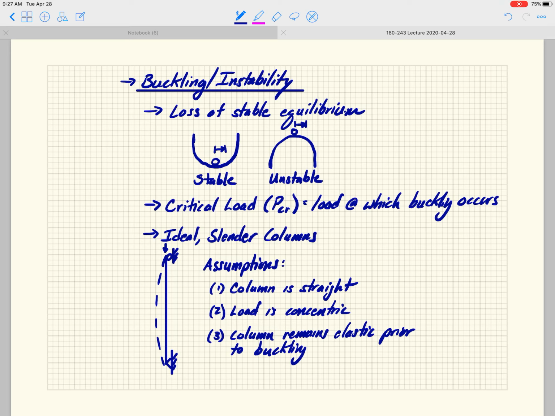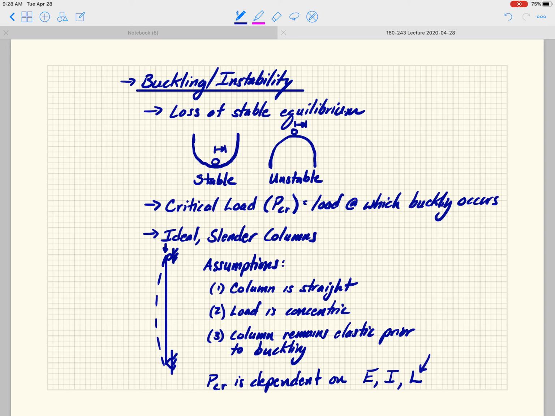If we make all of these assumptions, then P critical is dependent on three things. It's dependent on the elastic modulus of the material, the moment of inertia of the cross section, and the unbraced length.